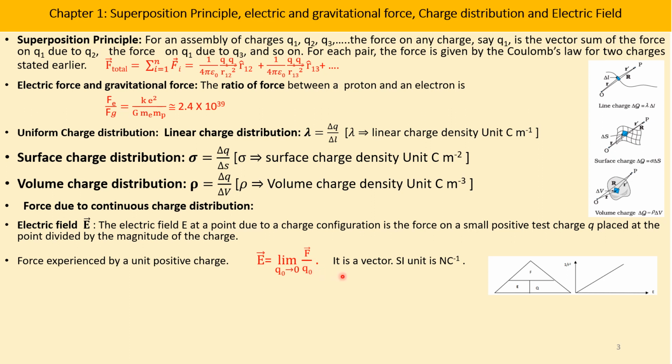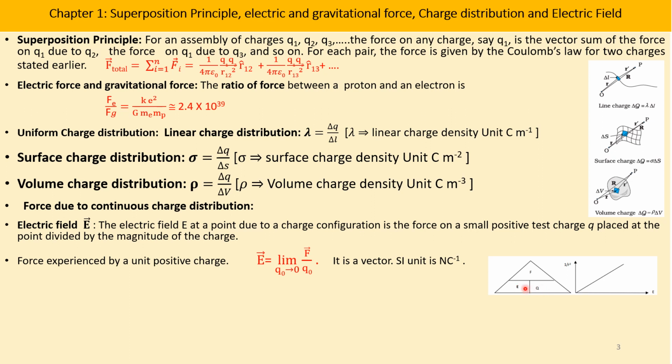It is a vector quantity and its SI unit is newtons per coulomb. F is newton and Q is coulomb. So you can remember E equals F by Q by representing a triangle. Here at the vertex is F, that is force, and at the bottom you write E and Q, where F is the force, E is the electric field intensity, and Q is the charge.